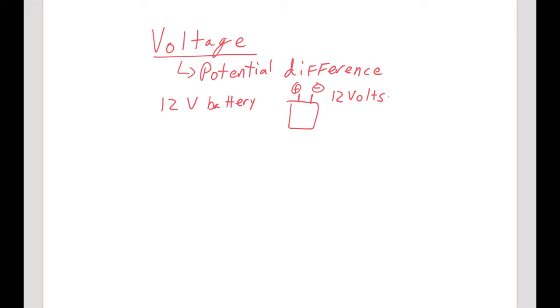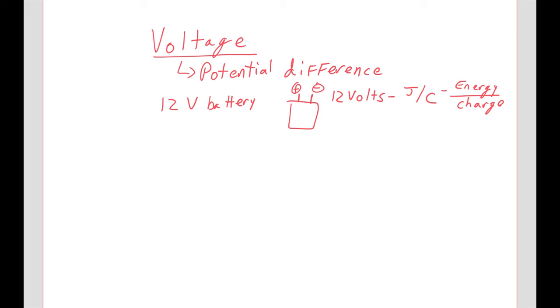Now, volts is sometimes written as the number of joules per coulomb. And if you recall, joules would be energy, how much energy, divided by coulombs, of course, is how much charge. So the potential difference between a positive and a negative in a 12-volt battery tells you that there is 12 joules for every 1 coulomb of charge.